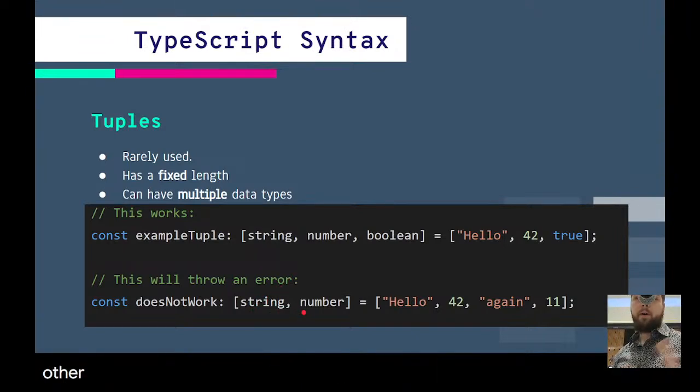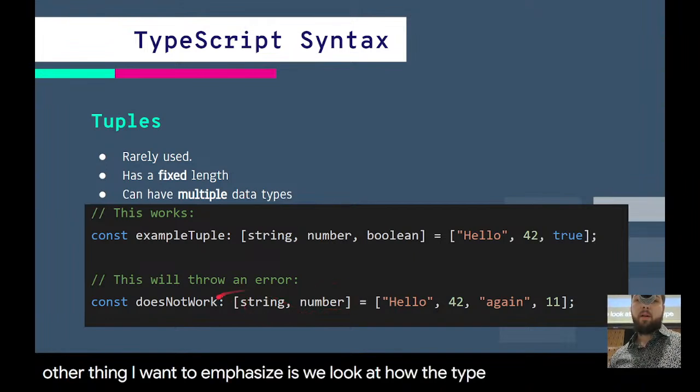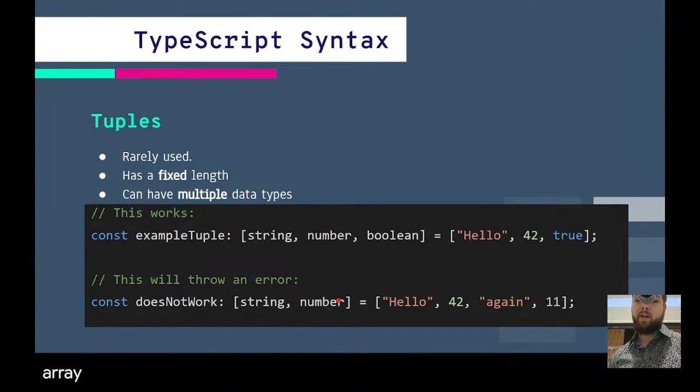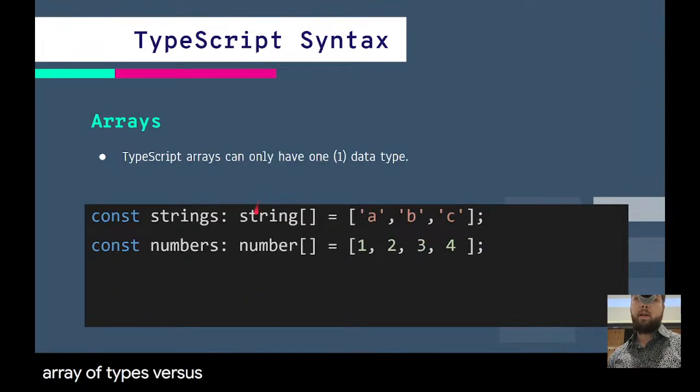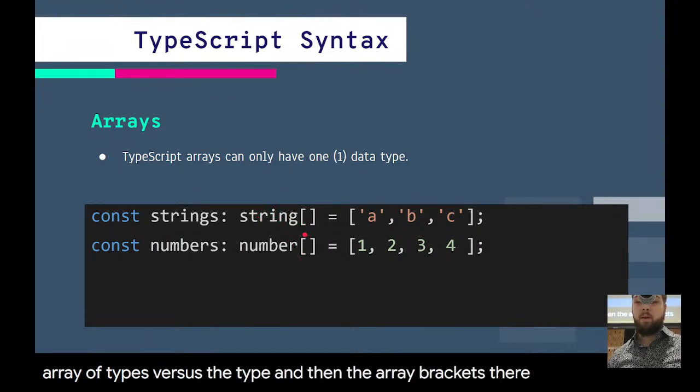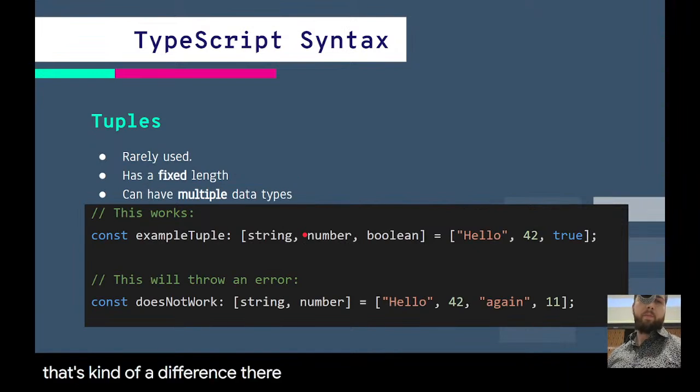The other thing I want to emphasize is if we look at how the type is declared, it's like an array of types versus the type and then the array brackets. Just visually speaking, that's kind of the difference there.